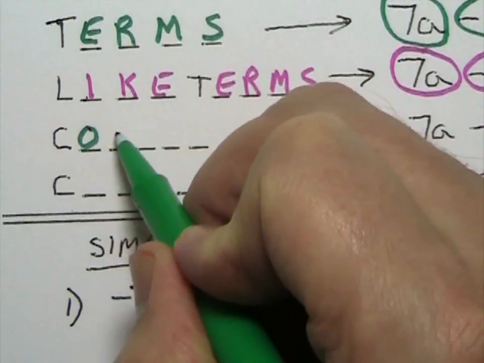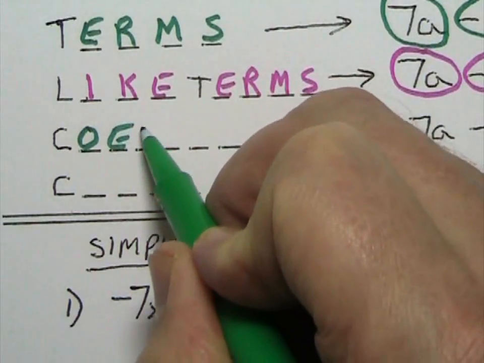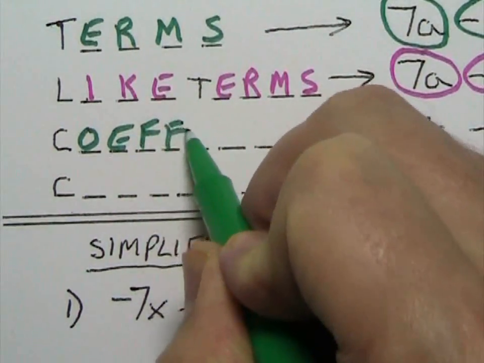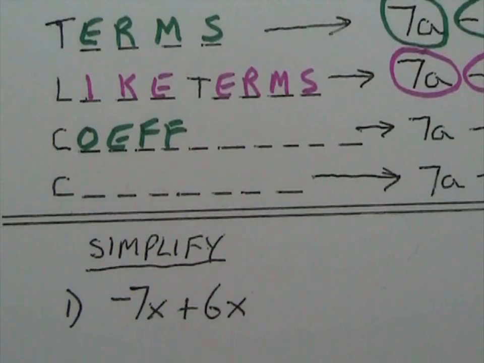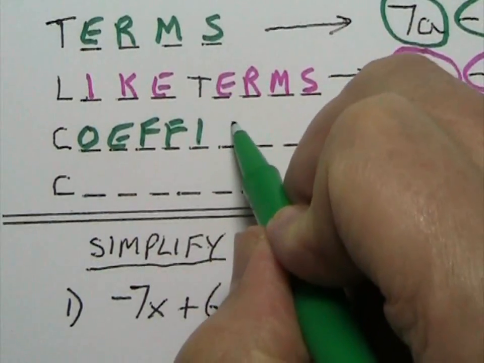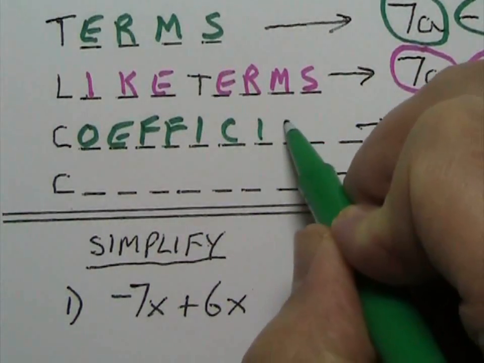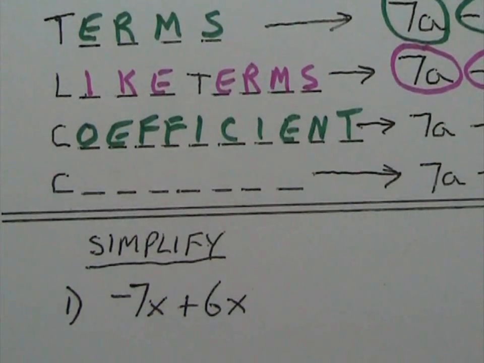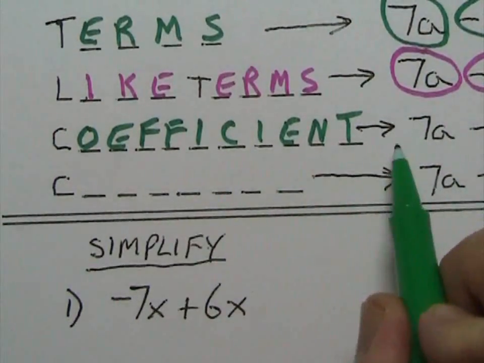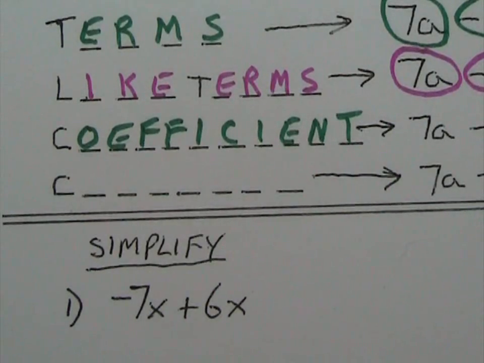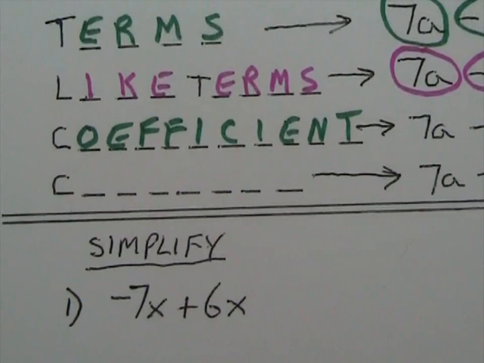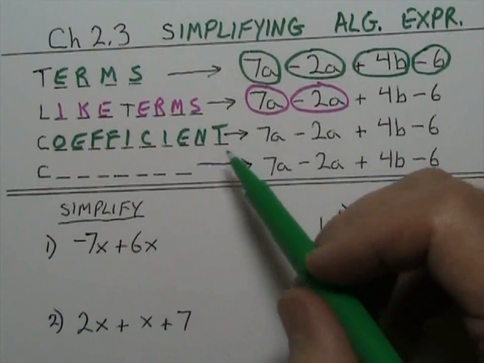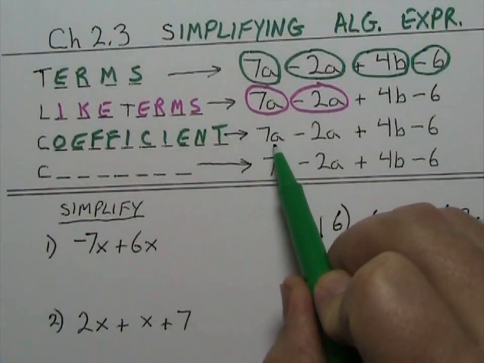Next word is coefficient. Coefficients are the numbers in front of the variable.